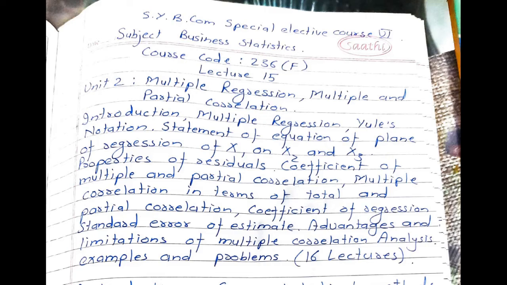We will see the syllabus: Introduction, Multiple Regression, Yule's notation, statement of equation of plane of regression of x1 on x2 and x3, properties of residuals, coefficient of multiple and partial correlation, multiple correlation in terms of total and partial correlation, coefficient of regression, standard error of estimate, advantages and limitations of multiple correlation analysis, examples and problems.